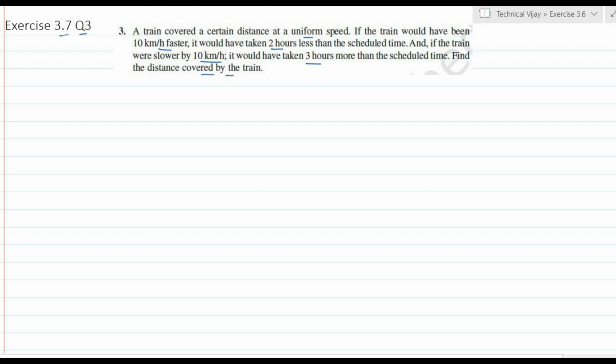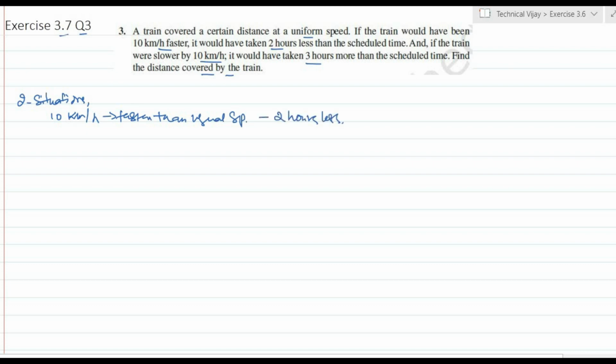Okay. Here, two situations are given. In one situation, if the train is 10 km per hour faster than the usual speed, it will take 2 hours less.